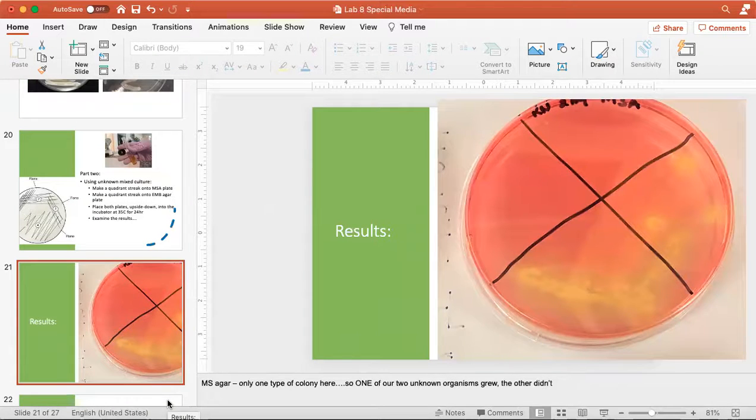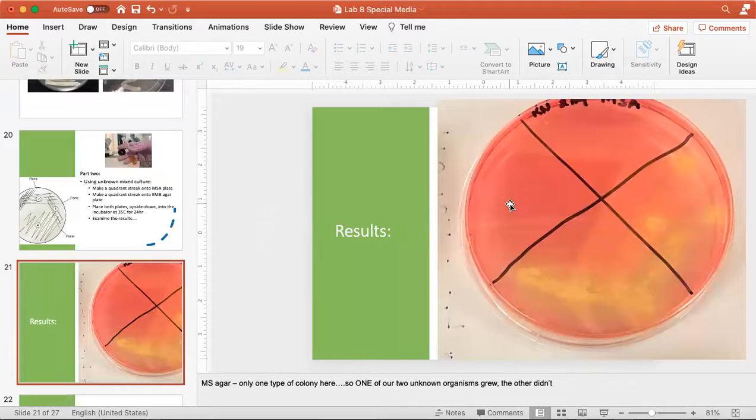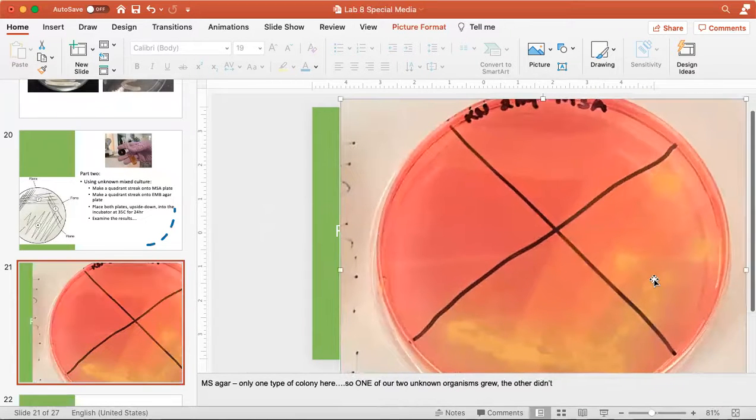Here are our results. This is the MSA plate. It's very difficult to see, I know, but there are individual colonies growing on this plate. It's not perfect, but I can see growth in this quadrant here and in this quadrant here.